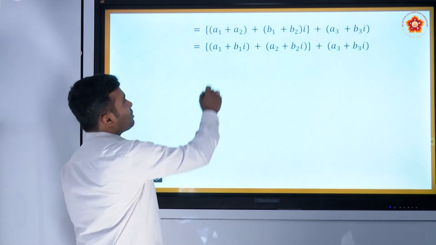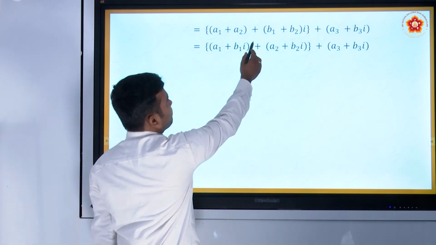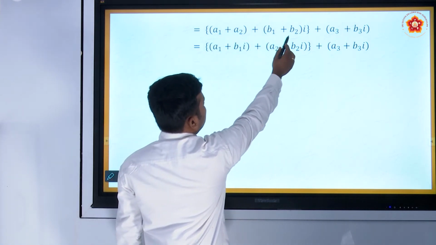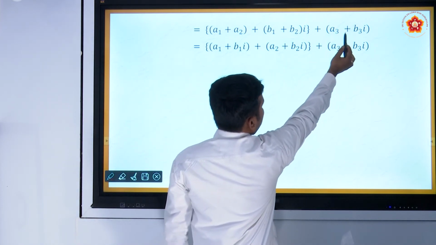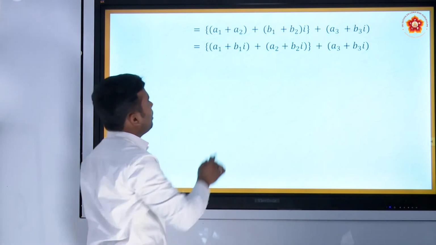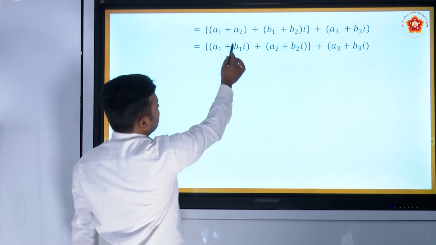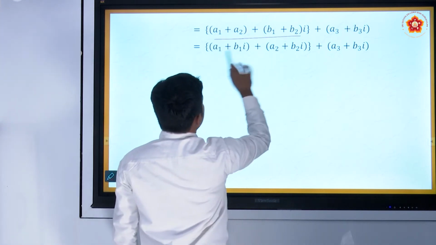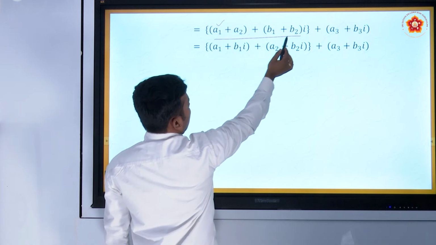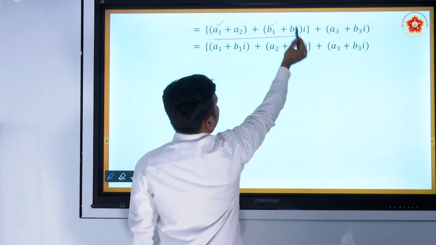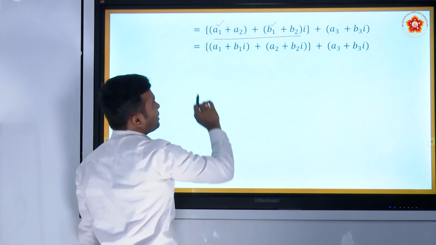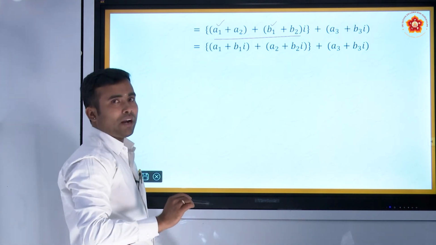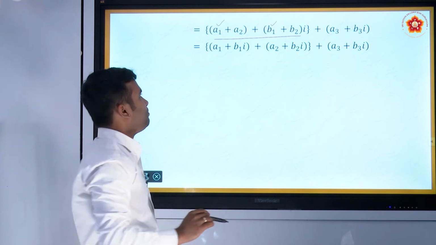So (a1 plus a2) plus (b1 plus b2)i, we have grouped it, plus (a3 plus b3i). And this can be written as, see, these two can be written as a1 and b1i, where i is multiplied with b1 as well as b2. I grouped it in such a way that we get z1 plus z2.